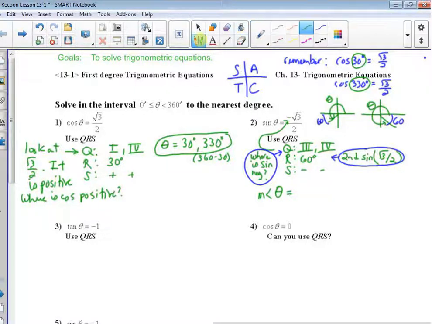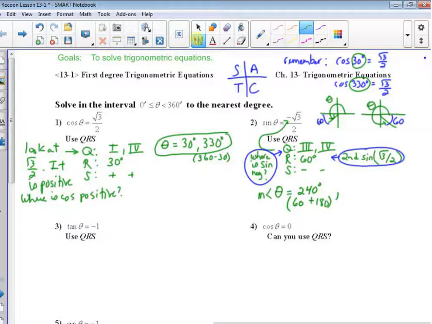All right. Restart. In quadrant 3, I am looking for that full angle. I know it's 60 plus 180. So, there we go. The measure of that angle is 240. Whew, sorry about that.